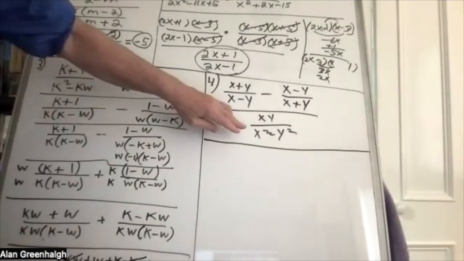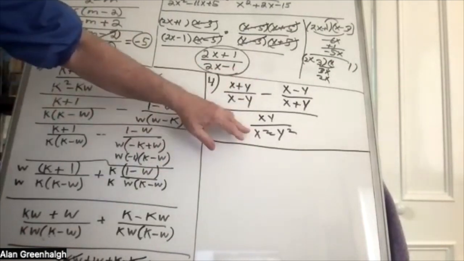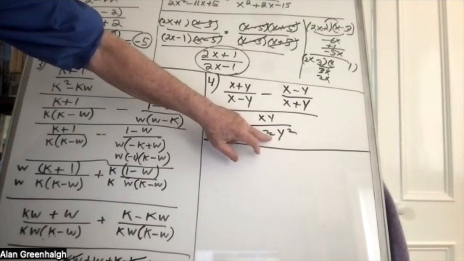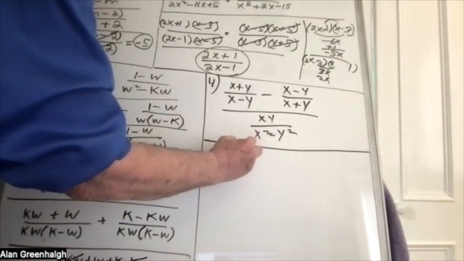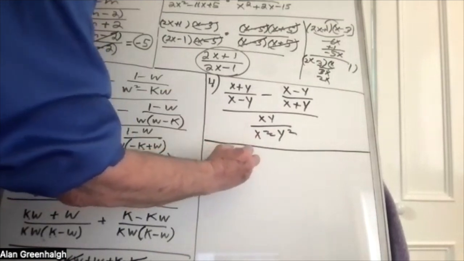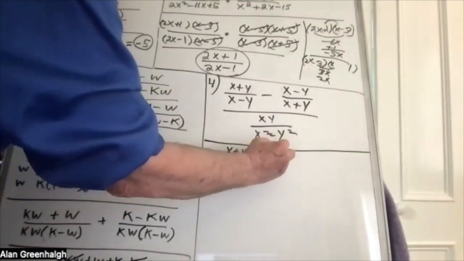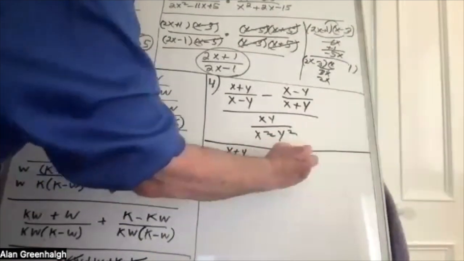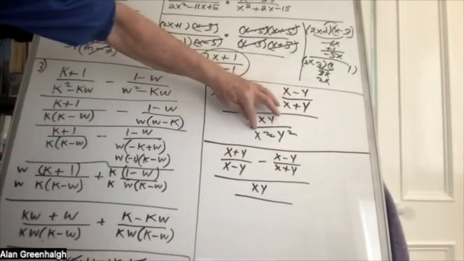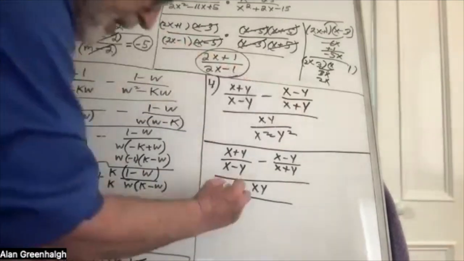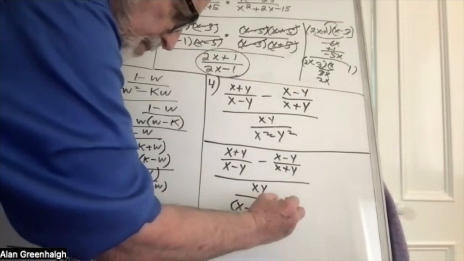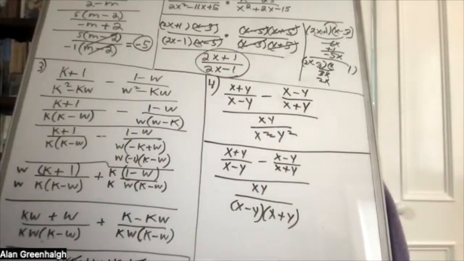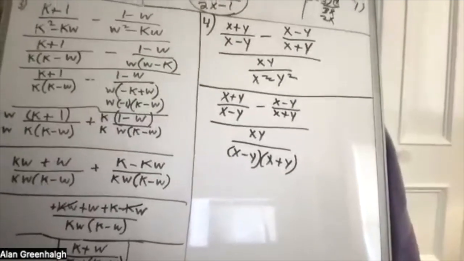But first, you look around, you see if anything can be factored. This can be factored. So you wind up with X plus Y over X minus Y. I'm just rewriting what I have in the numerator. I'm factoring X squared minus Y squared, and I'm going to get X minus Y times X plus Y. Once again, we look for the least common multiple.